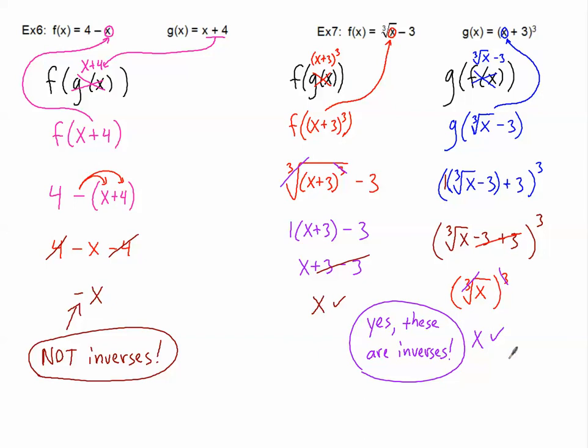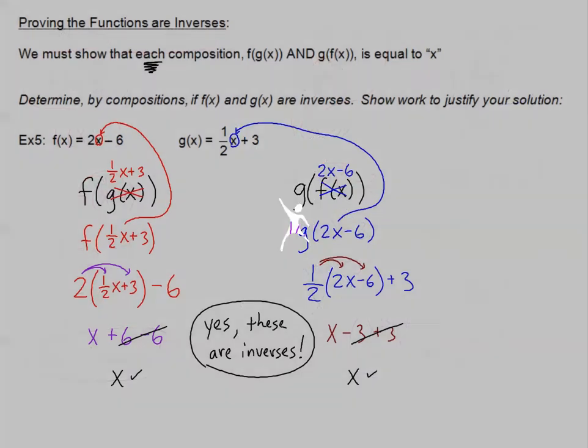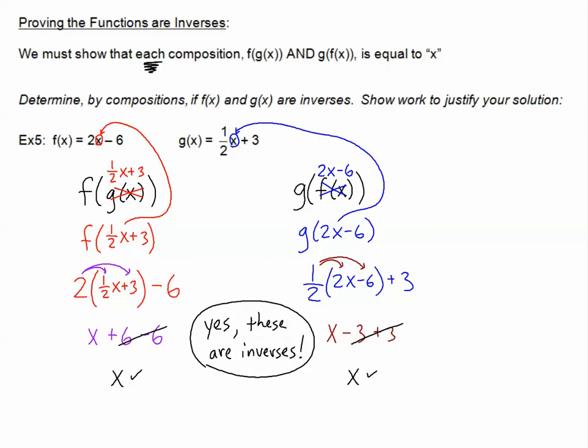Now let's talk one last thing about why we have to be equal to x. If you remember back when we were looking at inverses graphically, let me just draw a quick graph. When we looked at inverses graphically, for example, let's say we had this parabola here, and its inverse looked, let's say, like this.